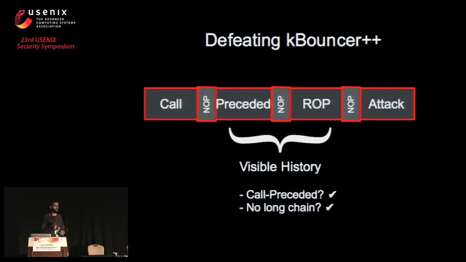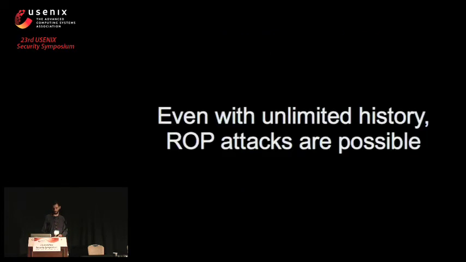And then it'll see a couple more short gadgets. So even though it can see everything, this is less than the length threshold that kBouncer uses to detect an attack. So it's going to say, okay, this looks like normal execution to me because this gadget is not classified as a gadget to kBouncer. So even with unlimited history, ROP attacks are still possible.